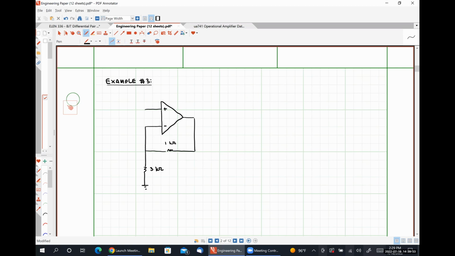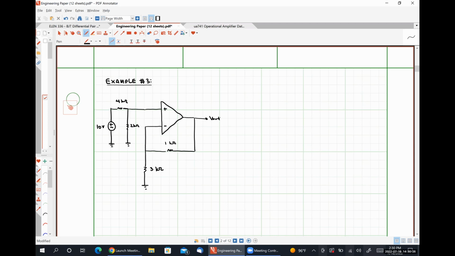And then on this side, let's put a 2 kilo ohm resistor, kind of running out of room here, 4 kilo ohm resistor, and then a 10 volt source. Our goal here is to determine V out.